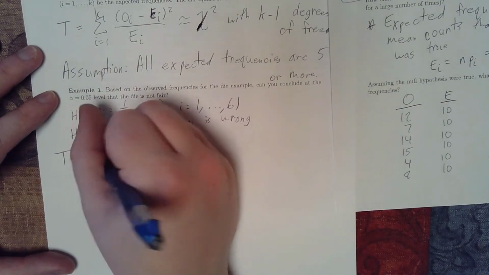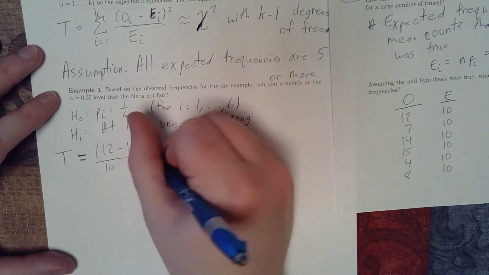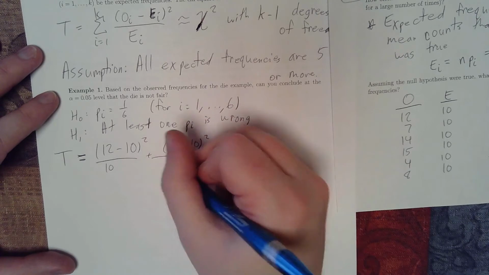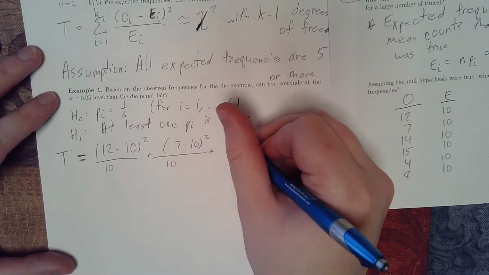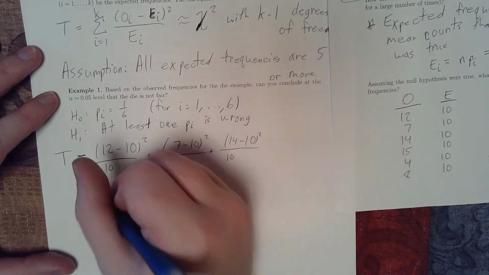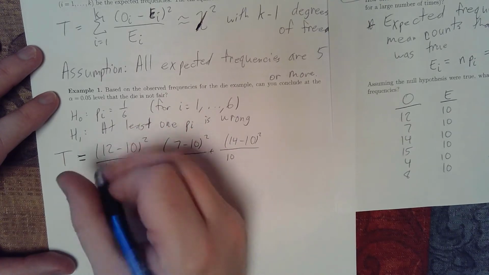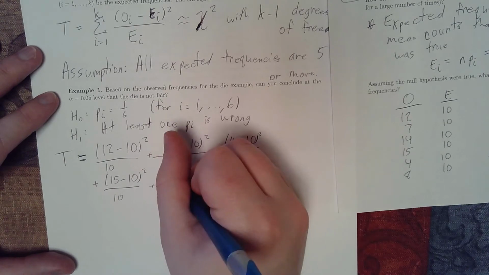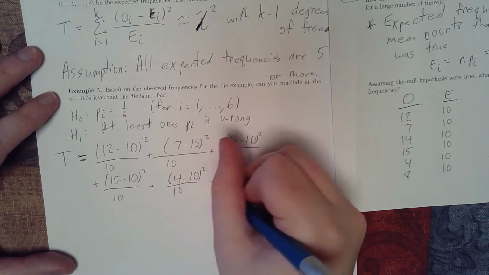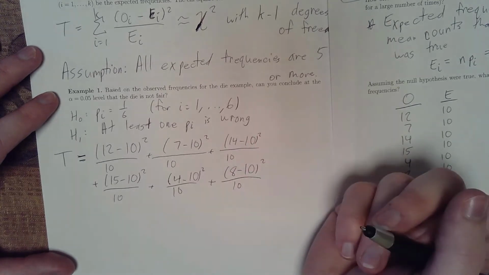So when we're calculating this, we'll take 12 minus 10 squared over 10 plus 7 minus 10 squared over 10 plus 14 minus 10 squared over 10 plus 15 minus 10 squared over 10 plus 4 minus 10 squared over 10 and plus 8 minus 10 squared over 10.